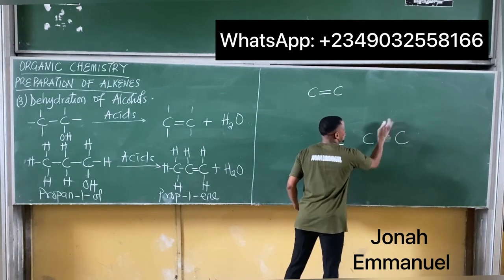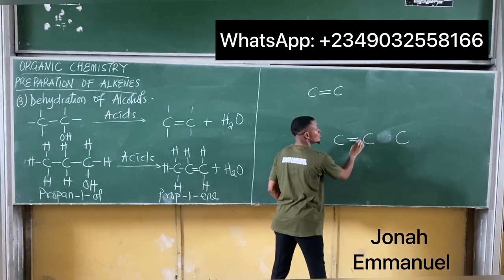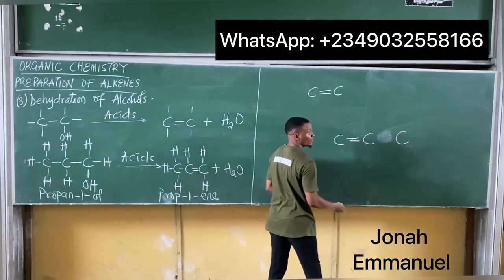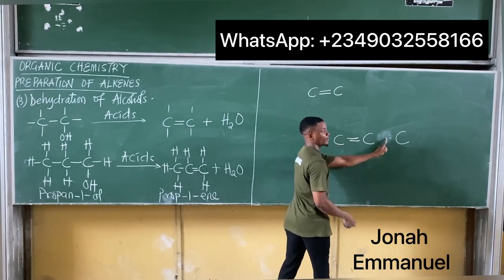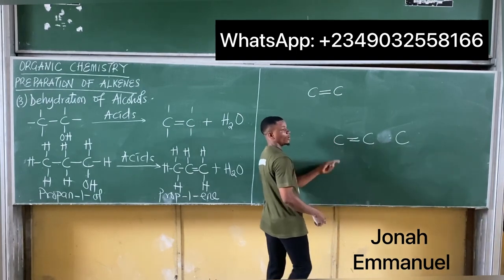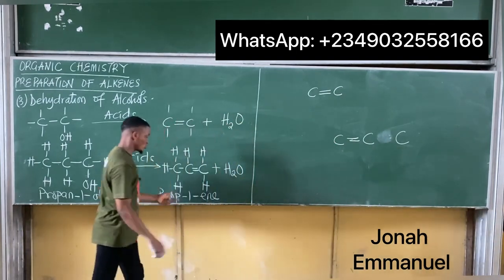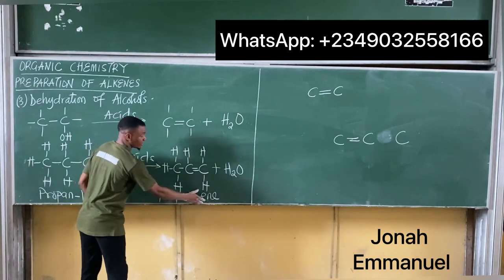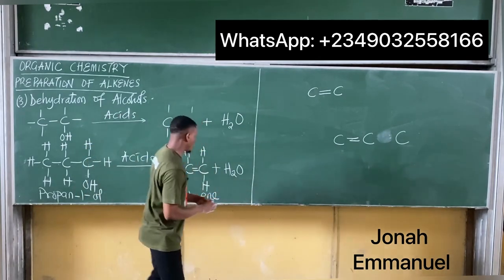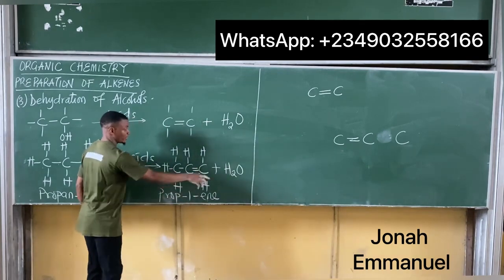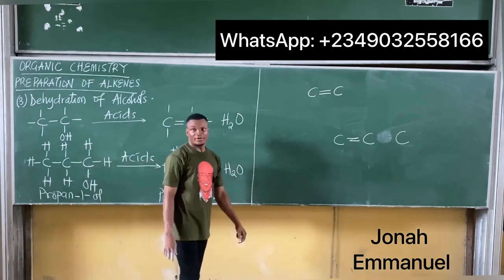What if I choose to move it here? Will it become 2? No, it will still be 1, because I will now have to count from this side. So I say 1. In other words, there is no prop-2-ene, so if you want to say just propene, it's okay, because prop-2-ene does not exist. You can leave out the 1 and just say propene. It's correct. There is no 2-propene.